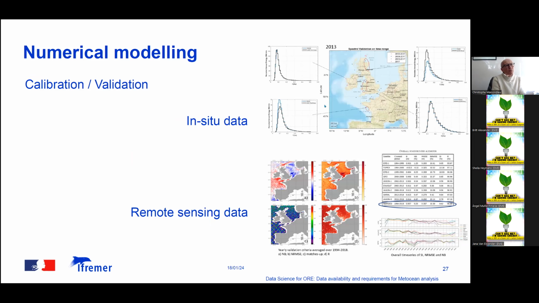The number of wave buoys, for instance, in water depth lower than 20 meters is really limited, so we don't have real information on the quality of the numerical models in these intermediate waters. And the same for remote sensing close to coastal areas. The information is not as reliable. But combining these two sources of information is really relevant for calibration and validation of the models.